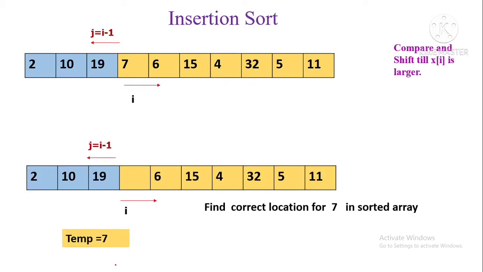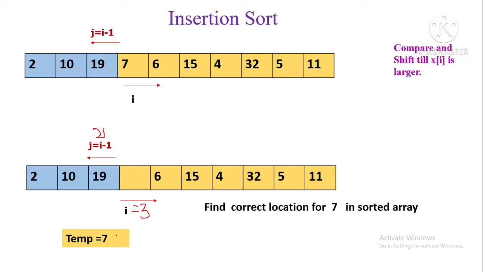I have stored 7 there and made a hole in this particular location. Now my i is being incremented. Previously the i value was 2, now it has become 3, and j is i minus 1, that is 2.